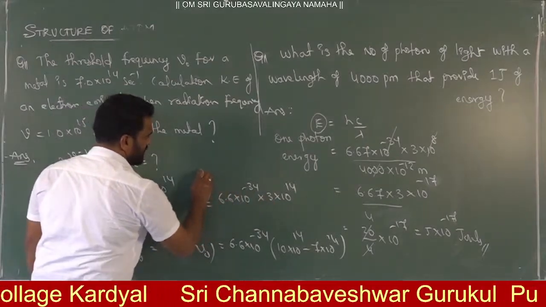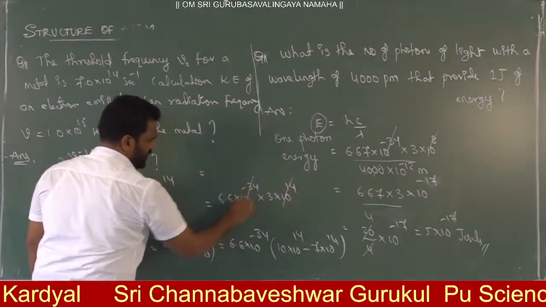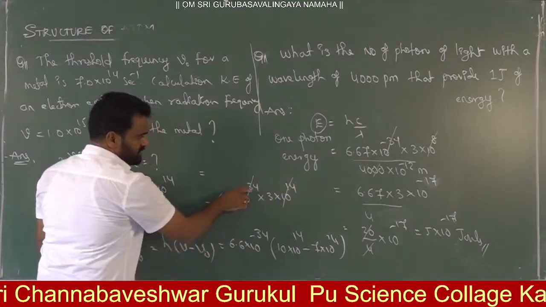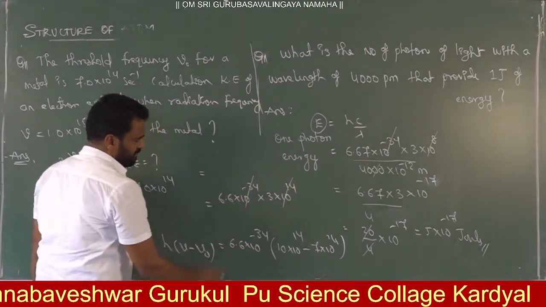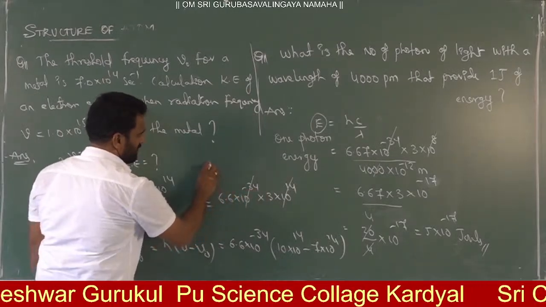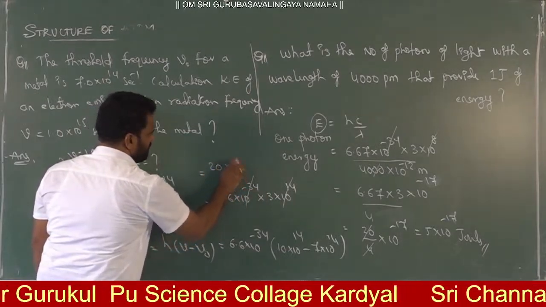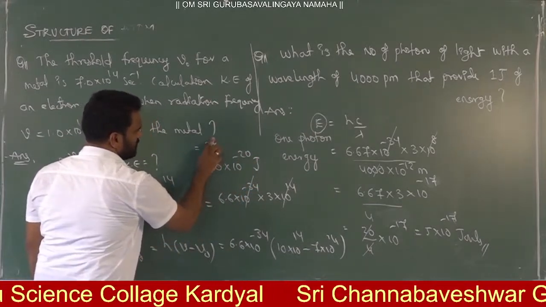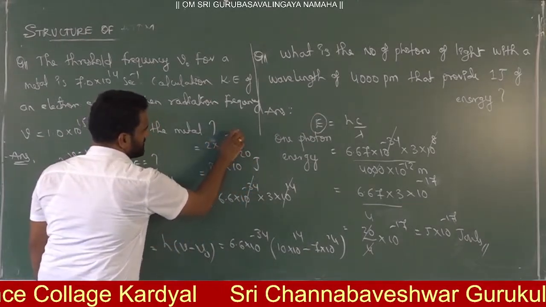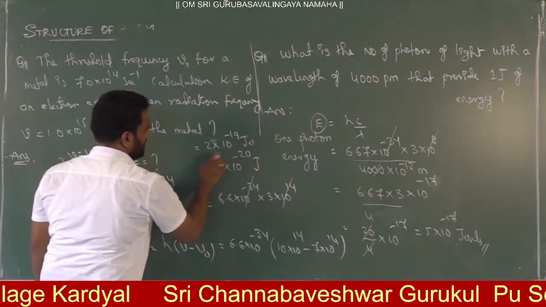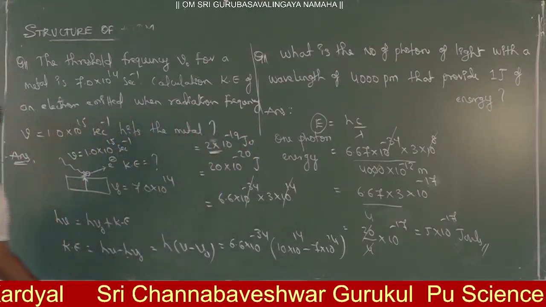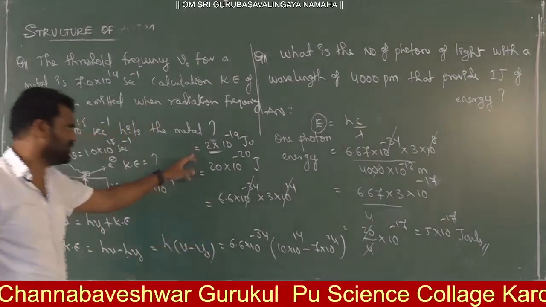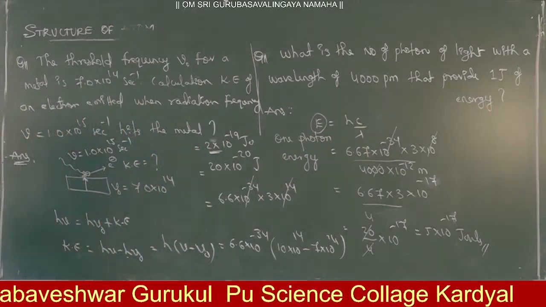Minus 34 and plus 14 give minus 20. And 6.6 into 3 is nearly 20, so 20 into 10 power minus 20 joules, which equals 2 into 10 power minus 19 joules. This is the kinetic energy of the photoelectron.